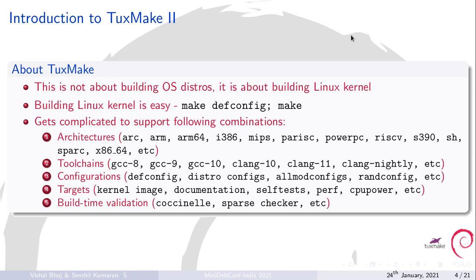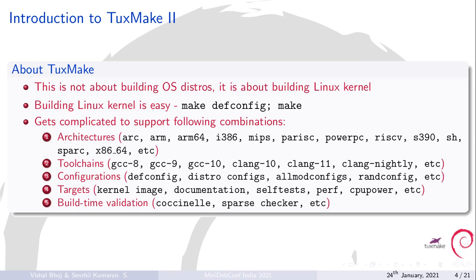So more about TuxMake. First thing is, TuxMake is not about building operating system distributions. TuxMake is used for building the Linux kernel. I want everyone to understand this difference. We are not talking about building operating systems or operating system distributions. TuxMake is specifically used for building the Linux kernel.